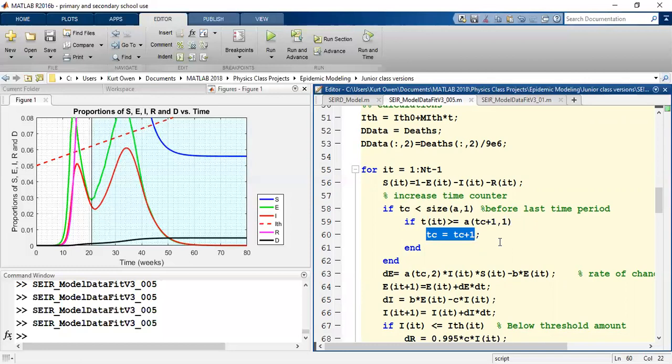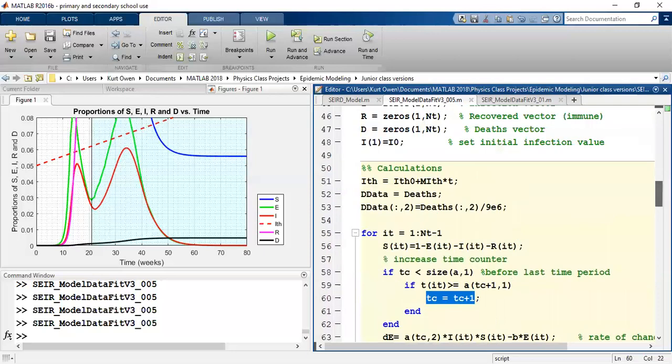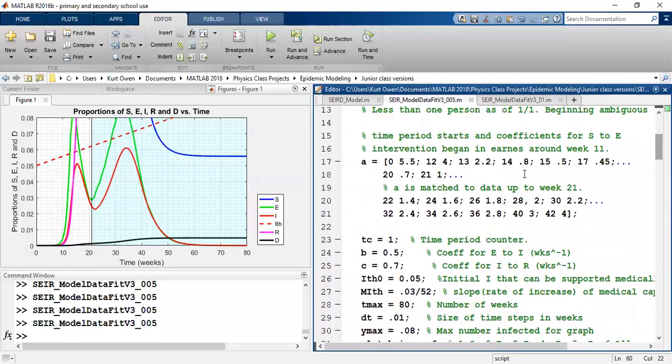In other words, going back to my A matrix, once the time reaches or exceeds 12, we switch over to an A value of 4.